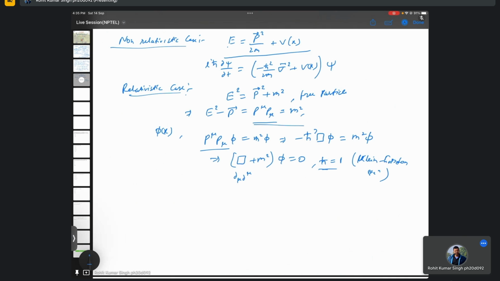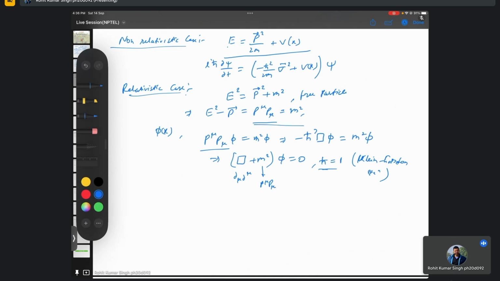And mass m squared is the dot product of four-momentum, right? So this whole equation is invariant under Lorentz transformation. So it is a scalar. You can say it is a scalar of Minkowski space. Okay.